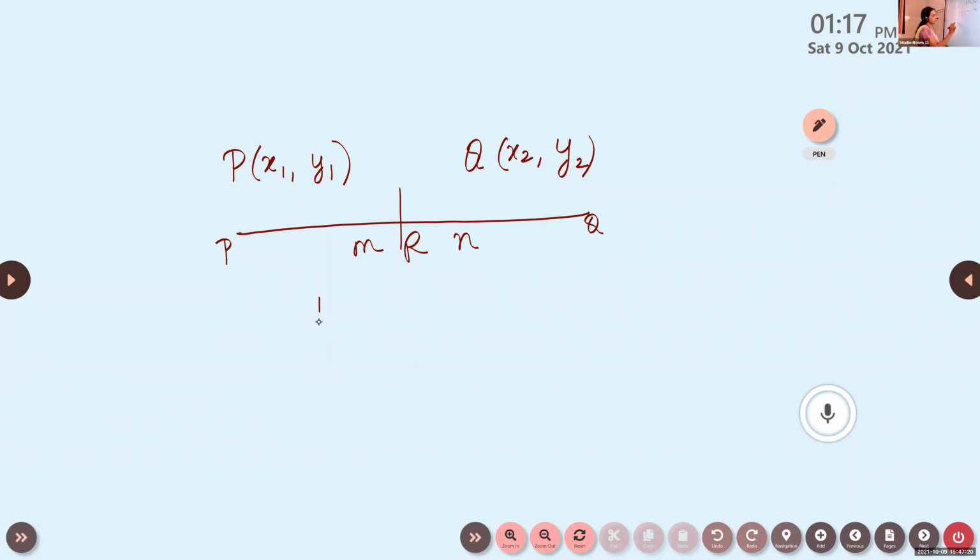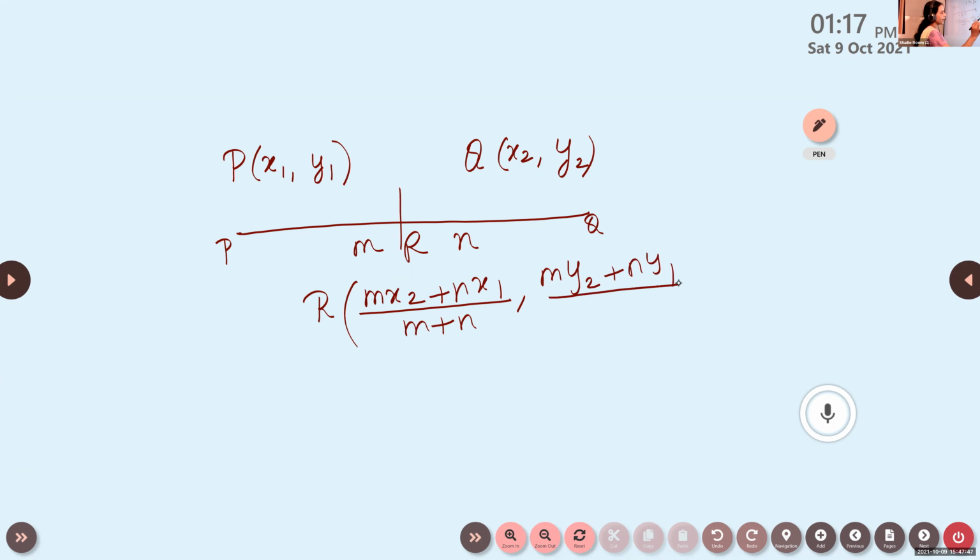Then the point R is given by mx2 plus nx1 by m plus n for the x coordinate.